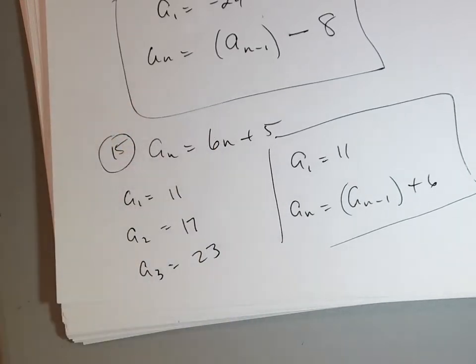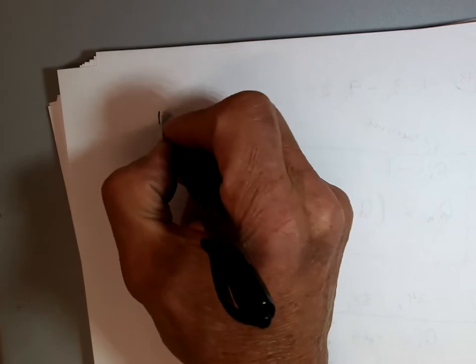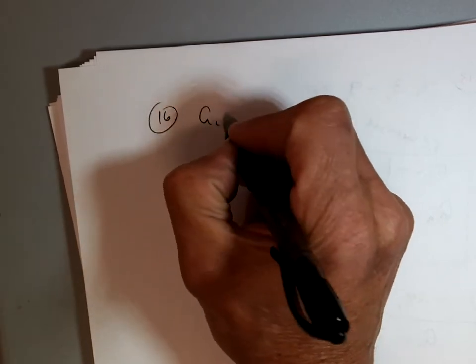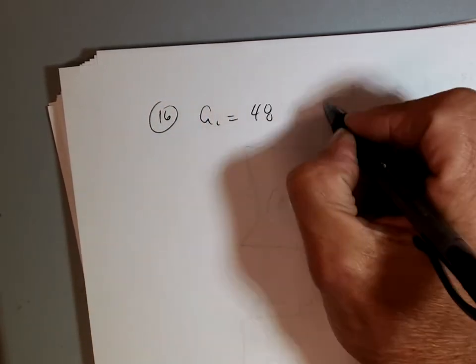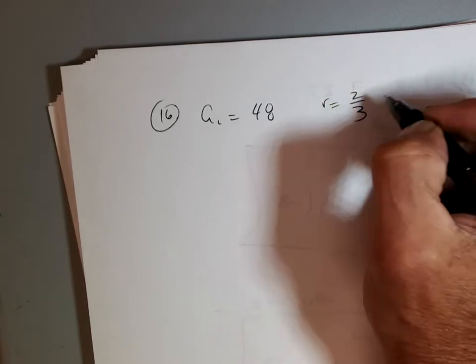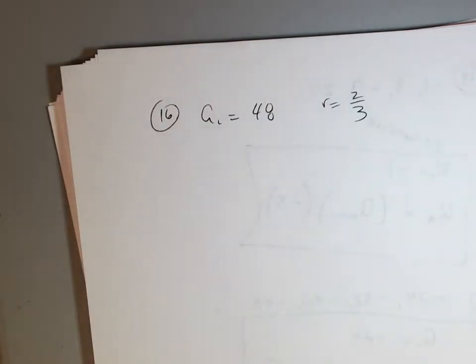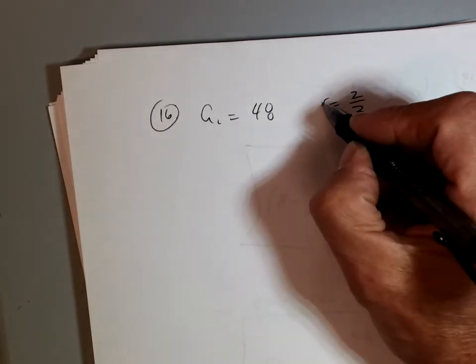Okay, 16. I've got A1 equals 48 and r equals 2/3. So if I made this formula, what would I do every time? Multiply by 2/3.